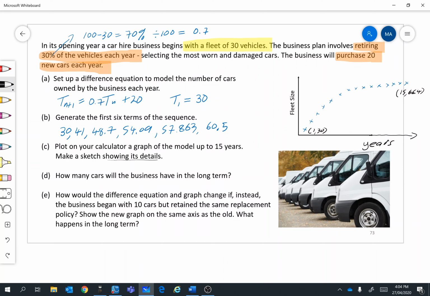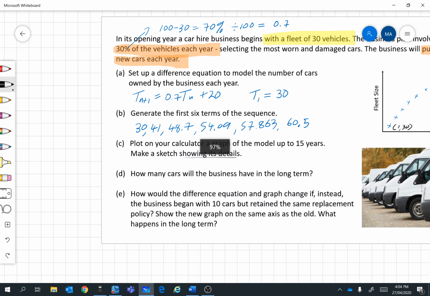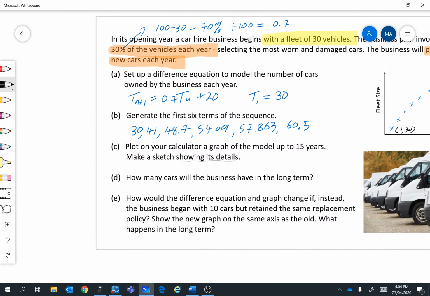Now, you can actually figure this out. What number is it tending to? There's a formula. This formula is in the book, right? And what it shows is the common difference divided by 1 take the common ratio. Now, if you put the numbers in, that will tell you what the maximum value can possibly be. So here our common difference is 20 and our ratio is 0.7.